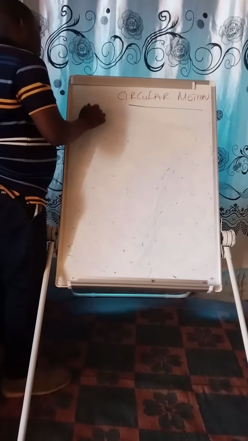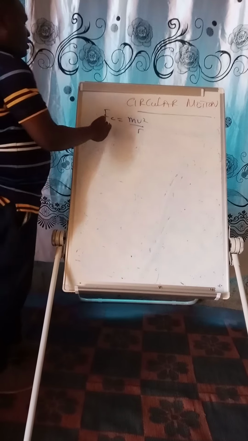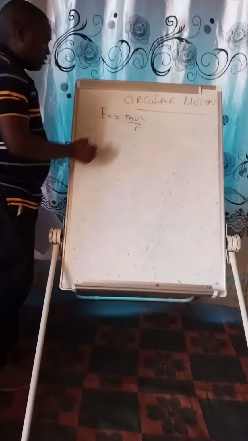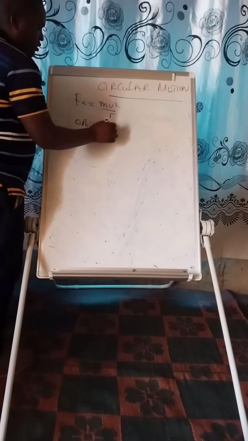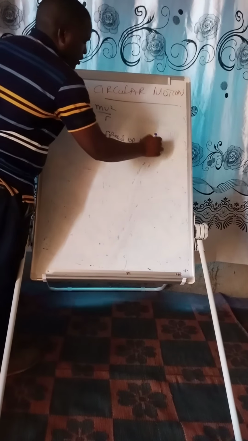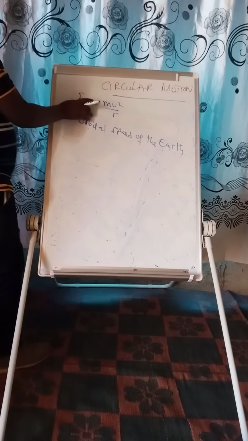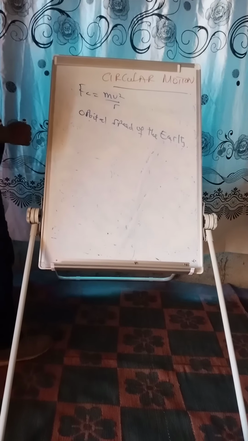So now, because we know the centripetal force is equal to mv squared over r, let me use this force to calculate the orbital speed of the Earth. We say that the centripetal force of the Earth is provided by gravitational pull.